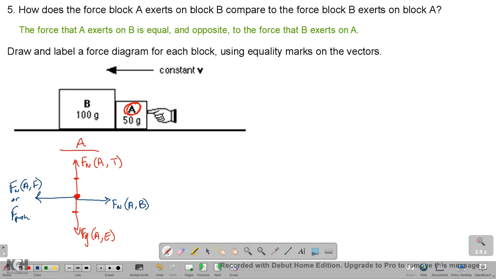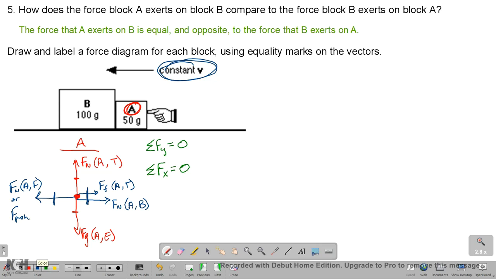The other force that would oppose its motion here would be the force of friction, which would be acting on A from the table. Okay. Now, it does say that the object is moving at a constant velocity, so that means that this force has to be equal to the combination of those two forces. The sum of the forces to the right is equal to the sum of the forces to the left. So, for object A, the sum of the forces in the y direction is equal to 0, and the sum of the forces in the x direction is equal to 0. Everything is balanced.